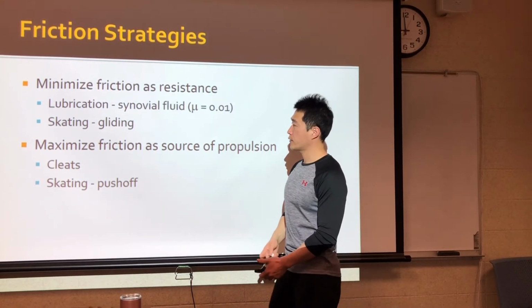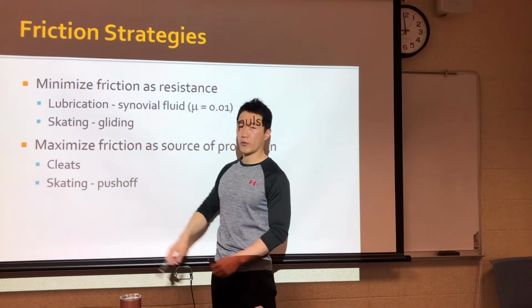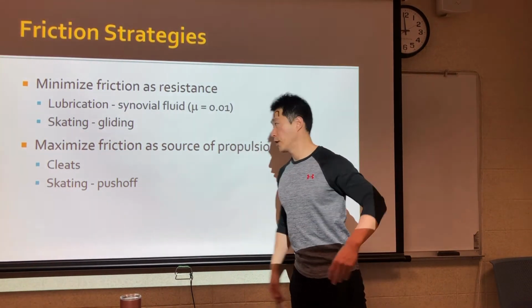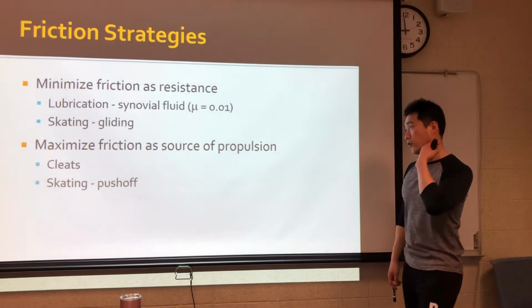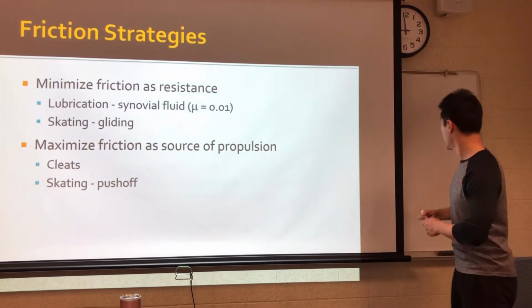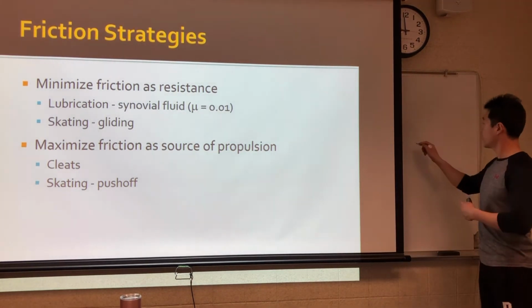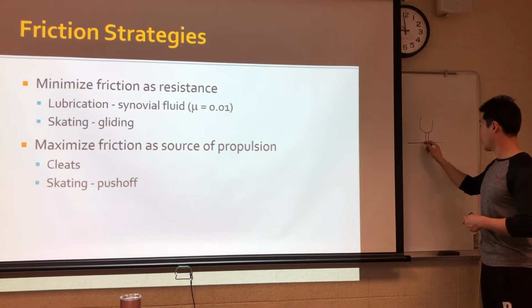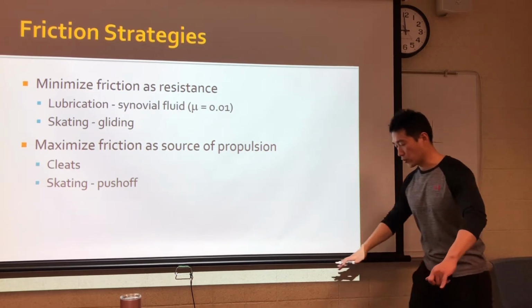And then skating, gliding. When you do some gliding motion, like in figure skating, you have to minimize the friction, which means ice here, and then you skate, you glide here. So this one is perpendicular to the ice, and you glide the motion to minimize friction.